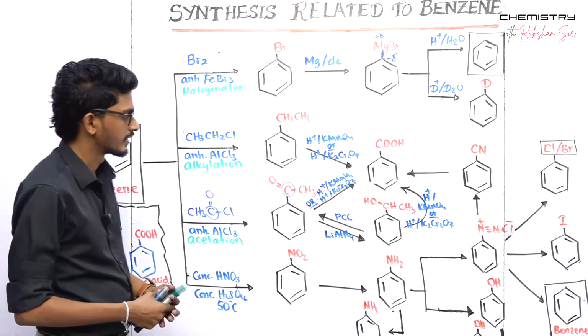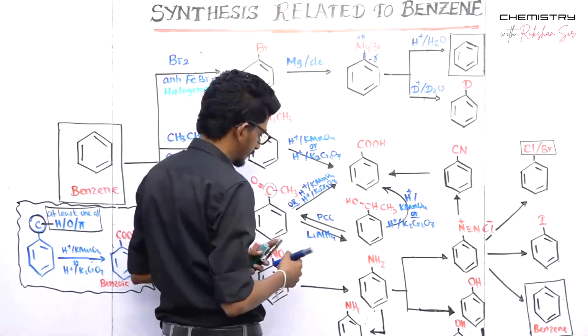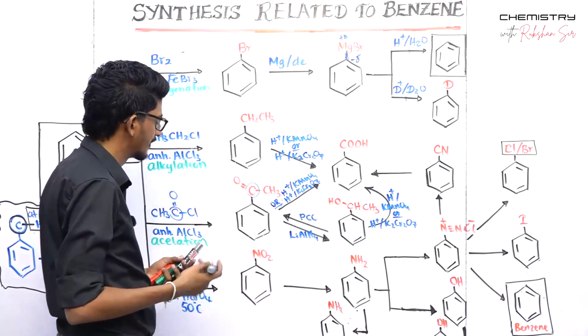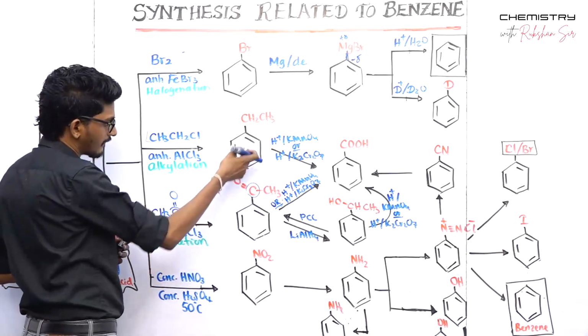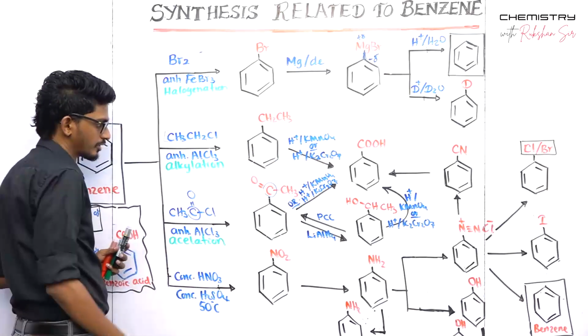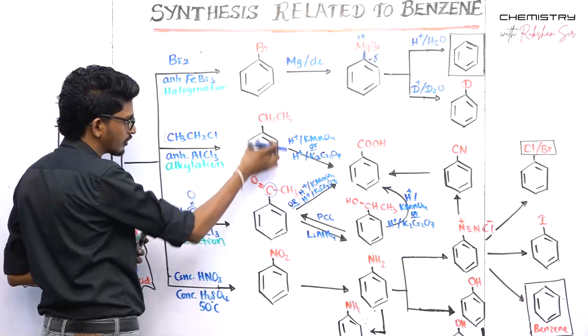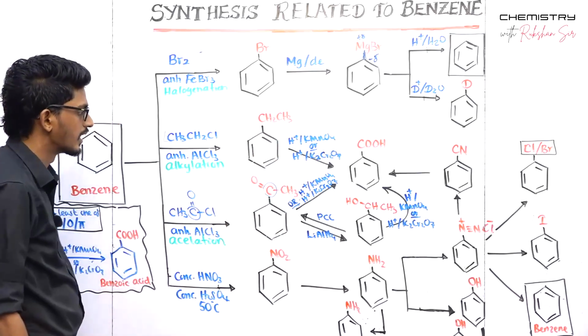Okay, next. So this conversion also can be done with the use of Clemmensen reduction. Clemmensen reduction means the aldehydes and ketones will convert to the alkanes. That can also be done with the benzene ring as well.